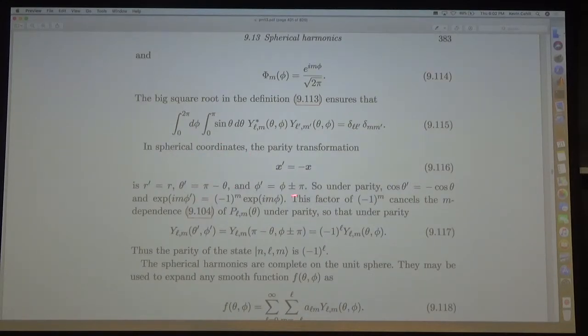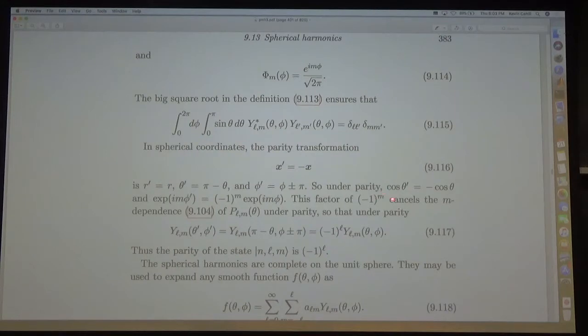And now in spherical coordinates, the parity transformation is that r prime is r, theta prime is pi minus theta. So if we have theta, we go down to pi minus theta, so it goes like that. But phi has to go around. So this point here goes to that, and then rotated by pi to here. And so that's why phi prime is phi plus or minus pi.